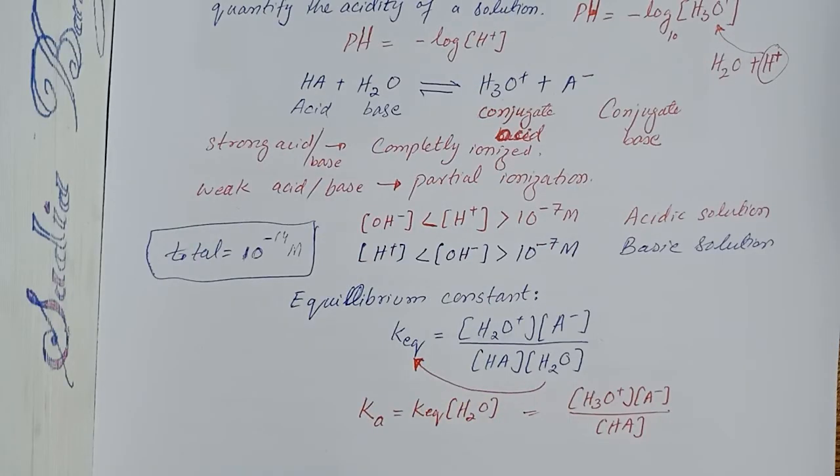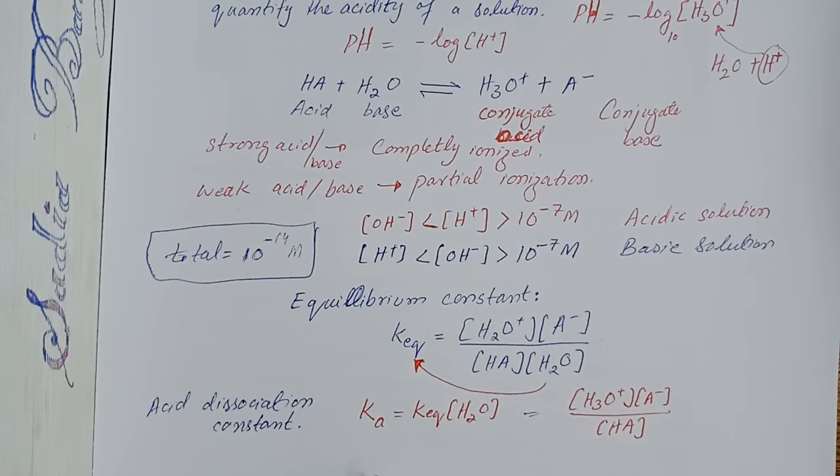So this Ka is known as the acid dissociation constant, and the value of Ka specifies the strength of the acid. The stronger the acid, the larger the amount of dissociation and the larger the concentration of hydronium ions. Thus, the stronger the acid, the larger the value of Ka.